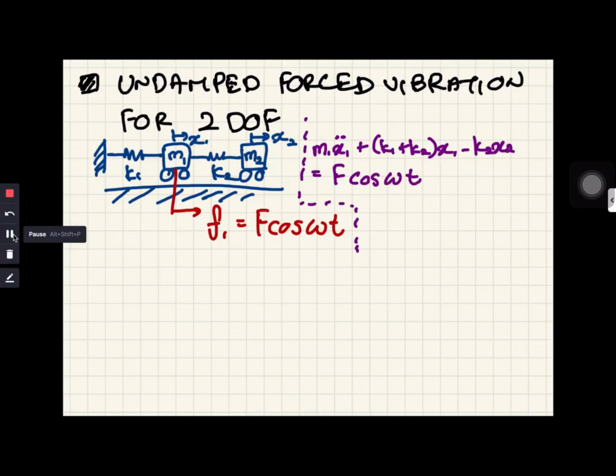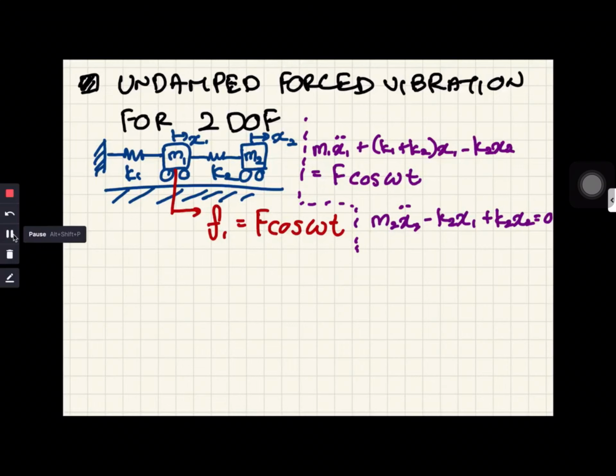Just put a separation here. The second equation of motion we can write as m2 x2 double dot, putting everything on the side, minus k2 x1 plus k2 x2 equals 0. Okay, so we have these two equations of motion.